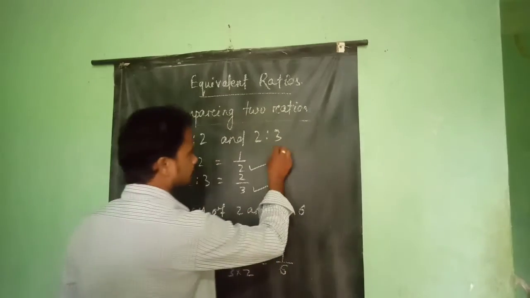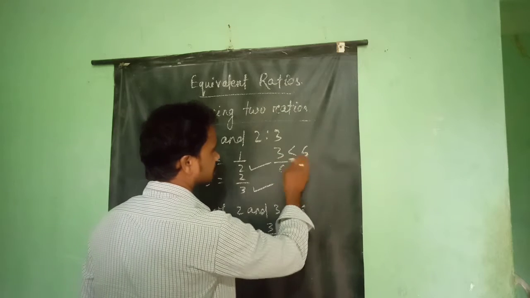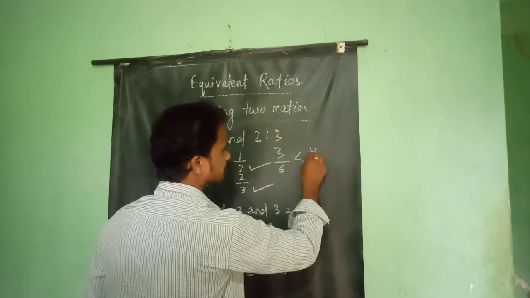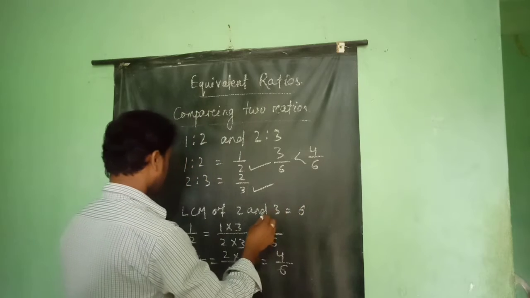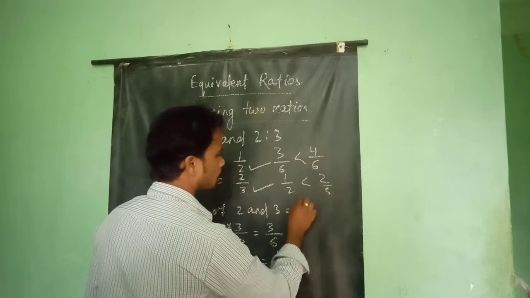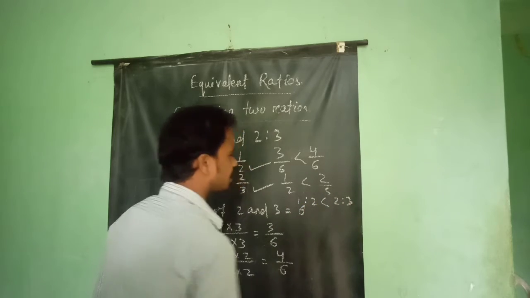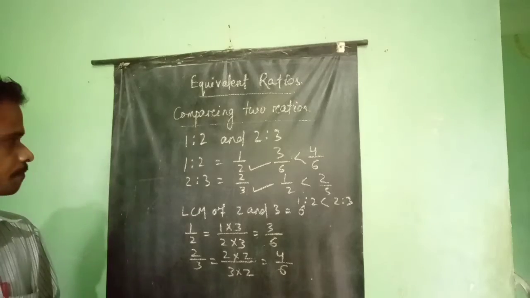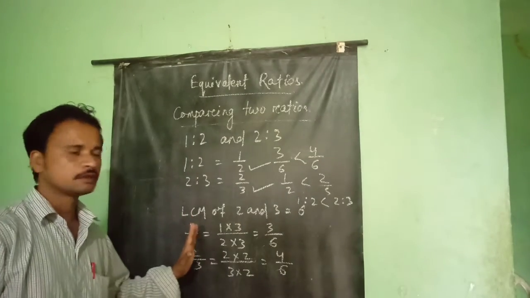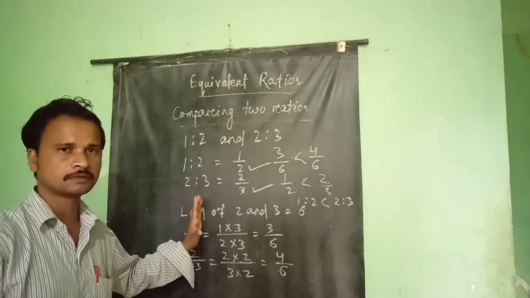So we have 3 by 6 is less than 4 by 6, and thus we can say 1 by 2 is less than 2 by 3, and so 1 is to 2 is less than 2 is to 3, and thus they are not equivalent. I think it is clear now.